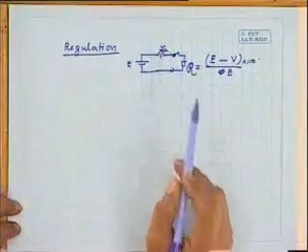So what do you think? Should regulation be high or low for a source to be a good source? Low. It should be as low as possible. If R is 0, then it is ideal. Because if this internal resistance is large, then as you can see, with the degree of loading, the voltage applied across the load will change.